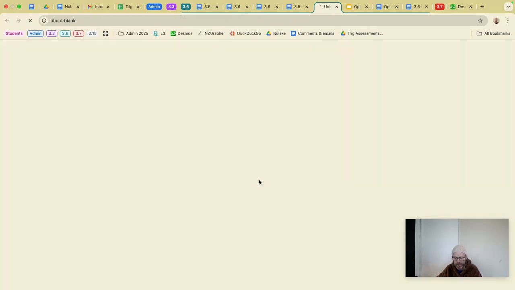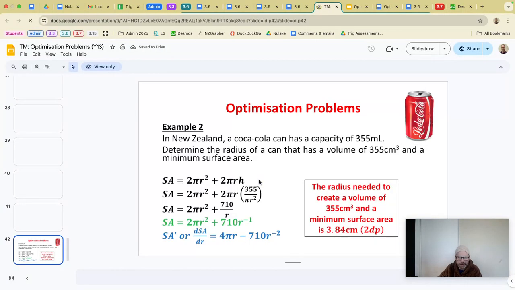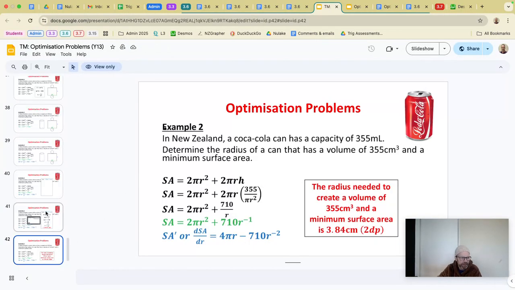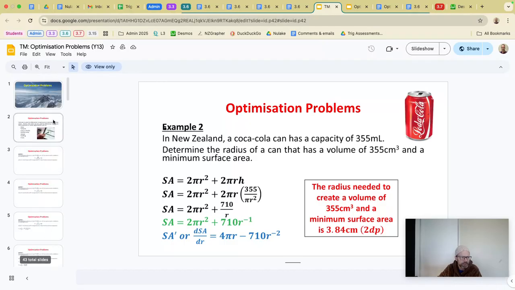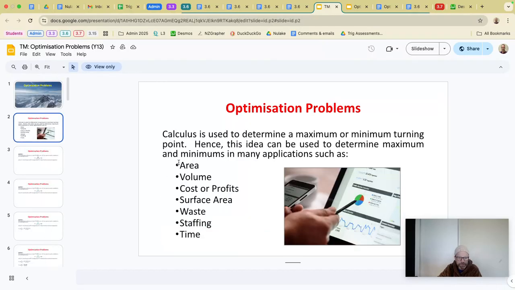Look at this. Let's have a quick look at this one here. So yeah, these are the things you could hit. Now, sometimes is it a maximum or is it a minima? Okay, but either one is optimizing, right? Maxima, minima.